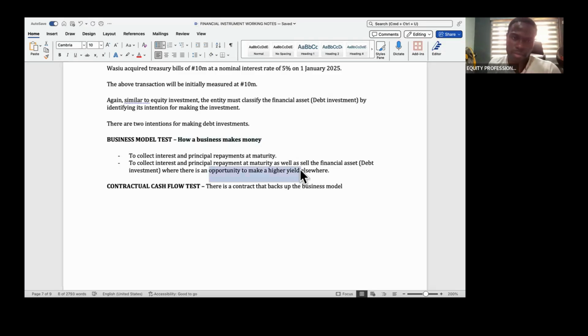Not only that, number two, you have to show us, we need to be convinced, we need to see that there is a contract that shows how much interest you are earning and whether it is a tradable instrument that you can sell. So there is a contract that backs up those cash flows, that interest and principal repayment.